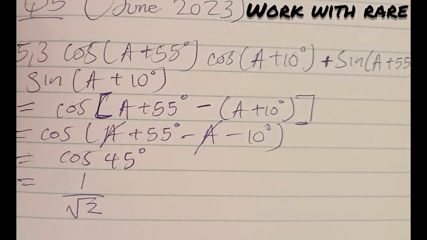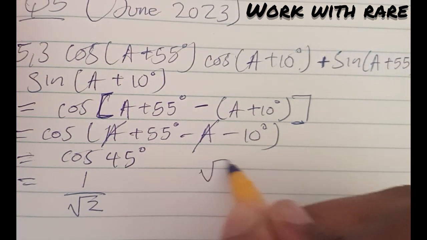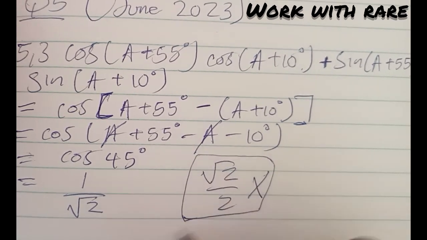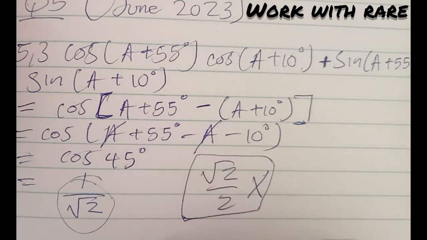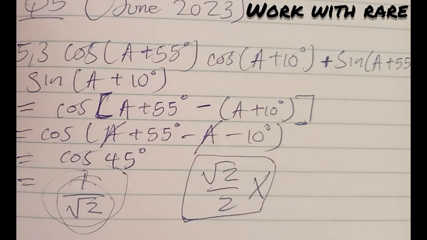They are equal, but write it like this. So our final answer is 1 over square root of 2. Then it's 3 marks.